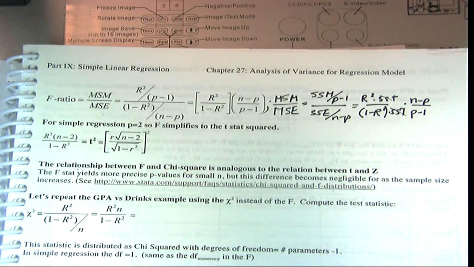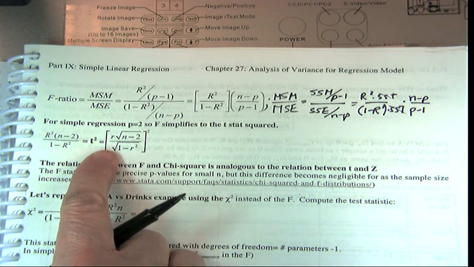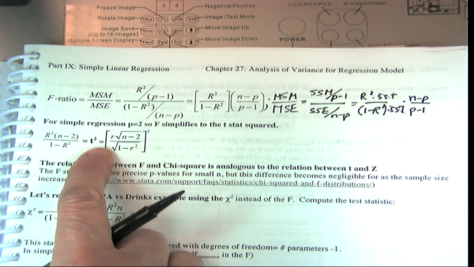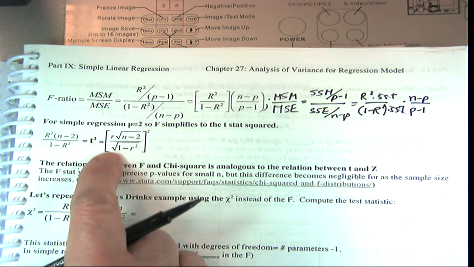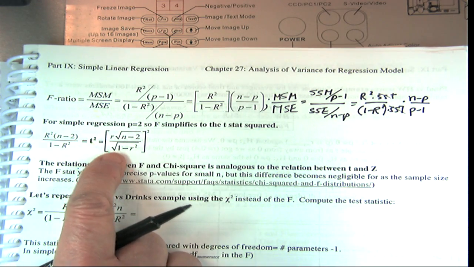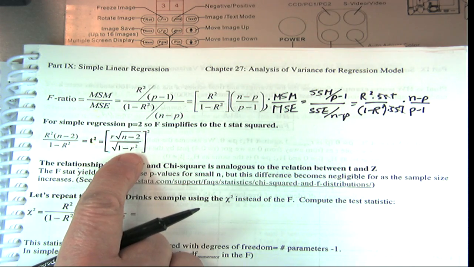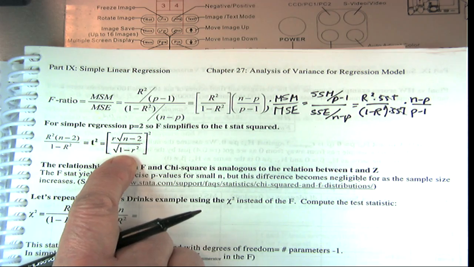All right, so now we know that. And now it's easier to see how it matches up with t squared. Because remember what t was. It was r over the square root of 1 minus r squared times, well, it simplified to this. Do you remember that?